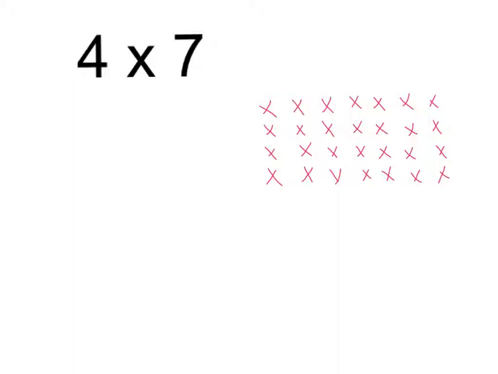Let's take a look at our second example here, 4 times 7. In each of these columns, there are 4 x's. Well, let's break it apart. And we can break it apart anywhere. But I'm going to break it apart right here. Okay, on the left side, we have 4 rows of 4.